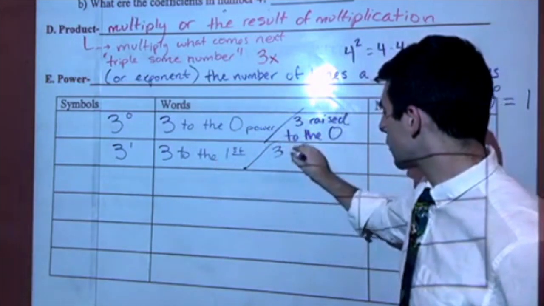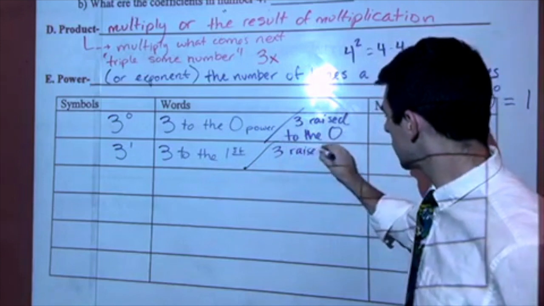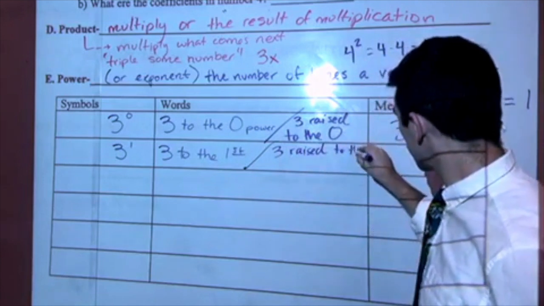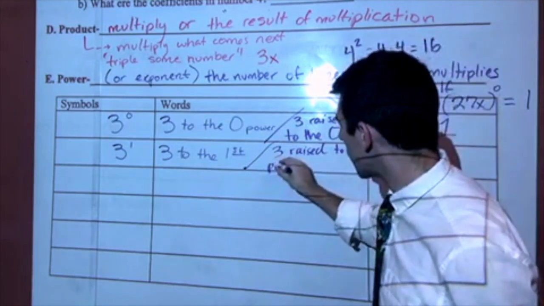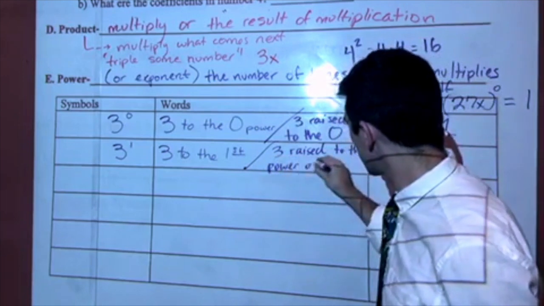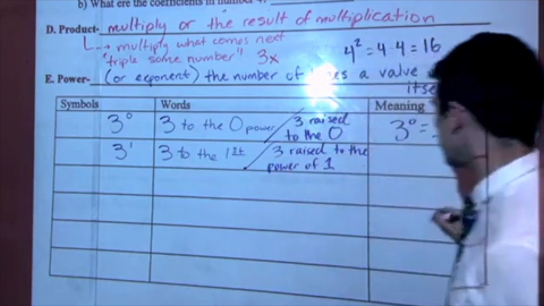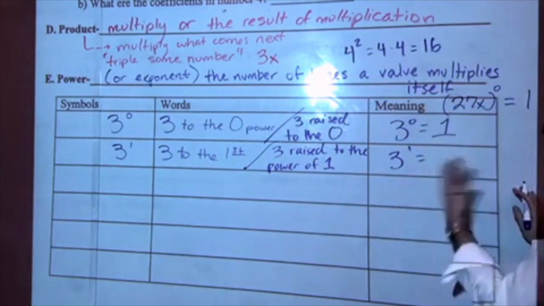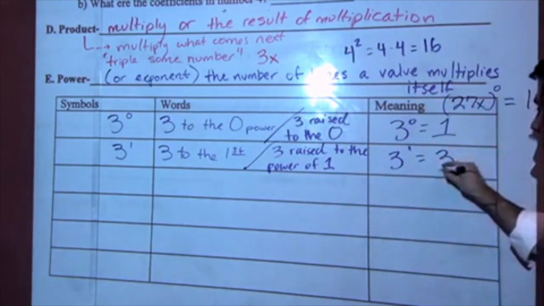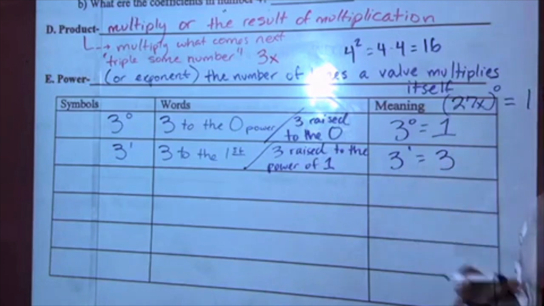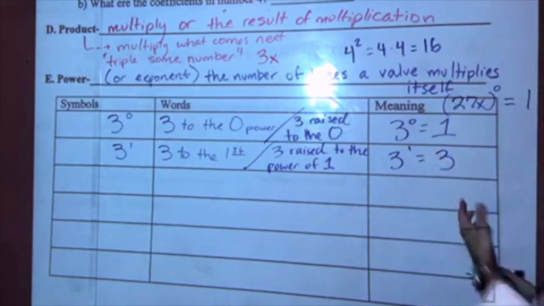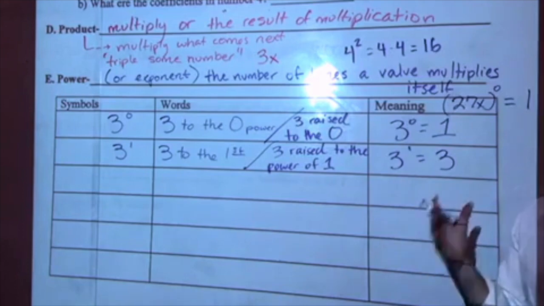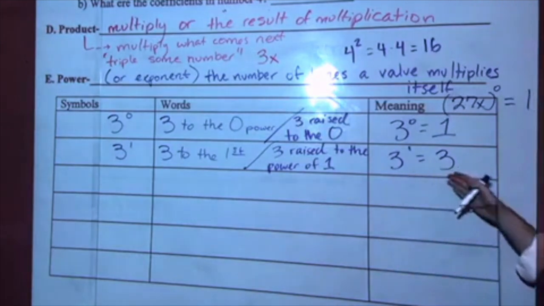We could also say 3 raised to the power of 1. That'd be 3 to the first. Now the true meaning numerically is 3. Because it's saying 3 multiplied by itself, but it's just saying 1 3. You basically just have 1 3 available. So that's just the value of 3.